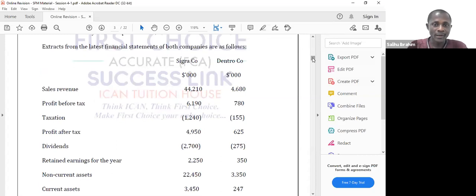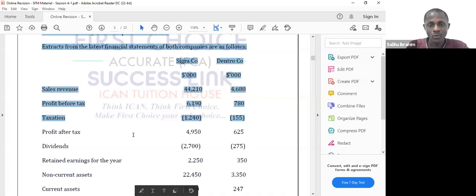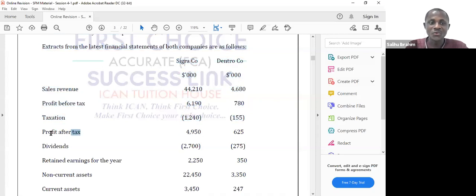So let us compute our earnings per share. How is earnings per share computed? Earnings per share is profit after tax over number of shares. It is not retained earnings, so you are not using retained earnings.